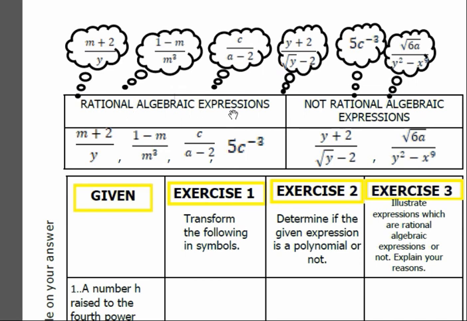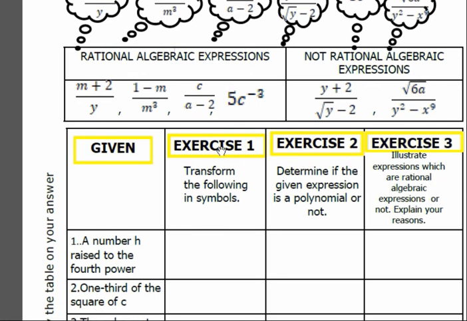We have to classify whether rational algebraic expressions or non-rational algebraic expressions. There are only 2 non-rational algebraic expressions that contain radicand signs, and the rest are non-polynomials, but they are rational algebraic expressions.